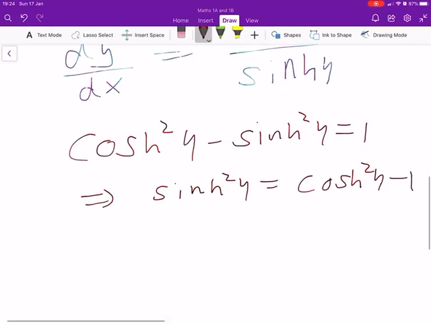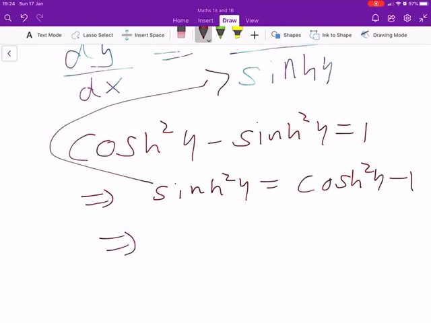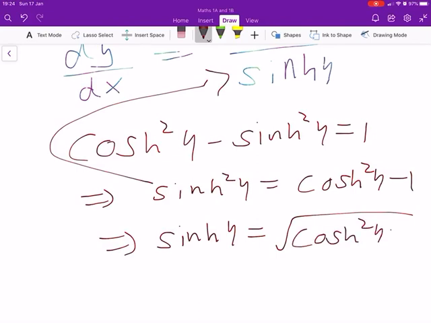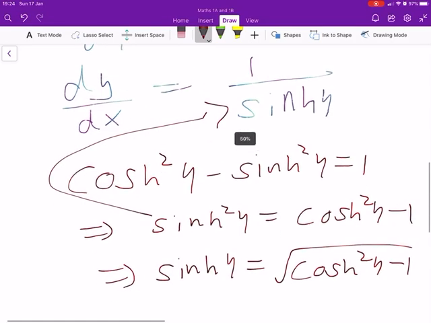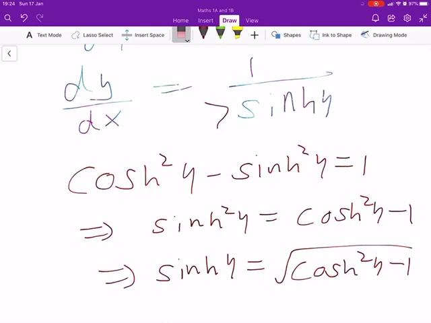And now obviously we just square root it, so then we can plug it back into here. So sinh y is going to be the square root of cosh squared y minus 1, okay?